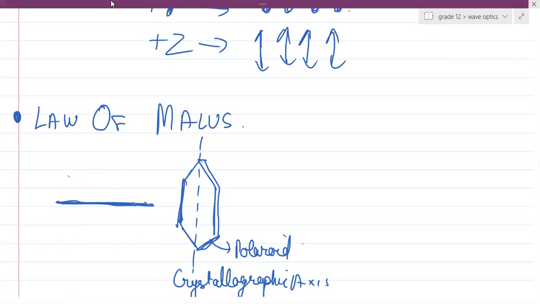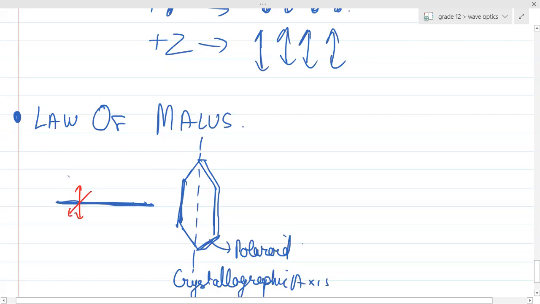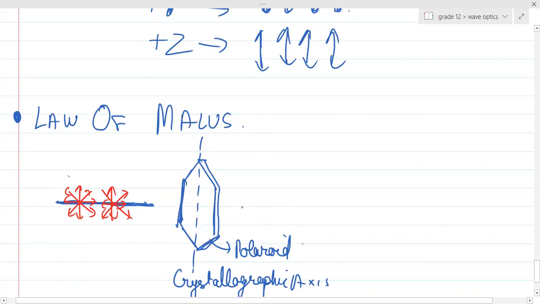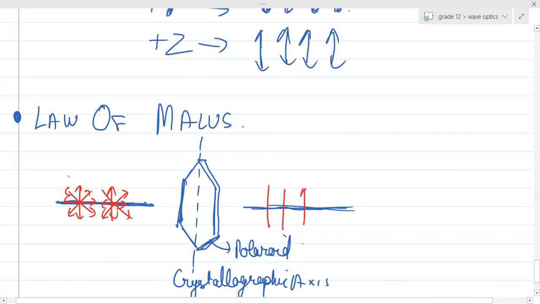So if I initially have unpolarized light which has vibrations in all possible directions, what will happen when this light passes through the Polaroid? They become completely plane polarized, and only those vibrations are remaining which are along the crystallographic axis, right? So can you see, all the remaining vibrations got polarized, right?